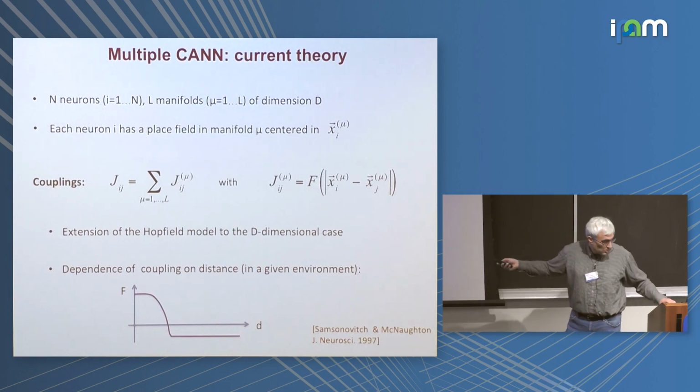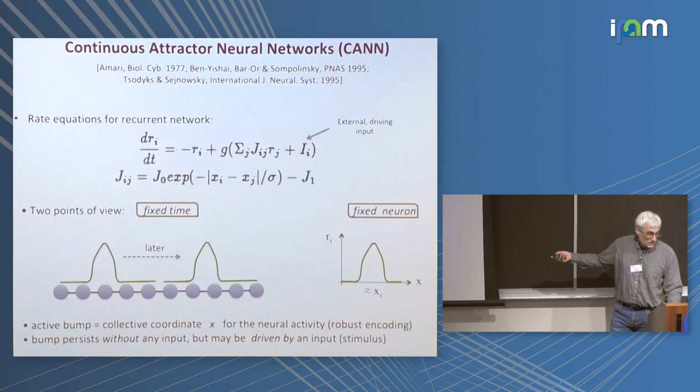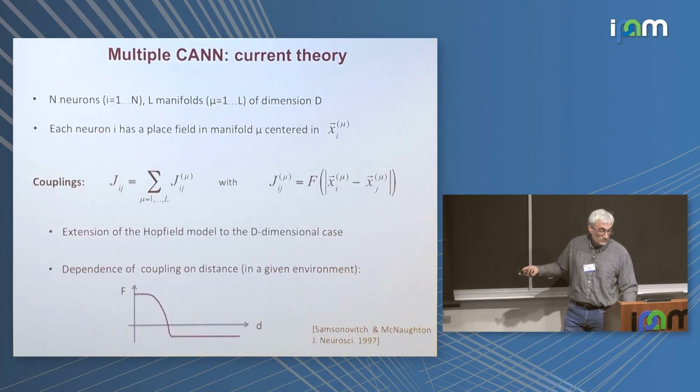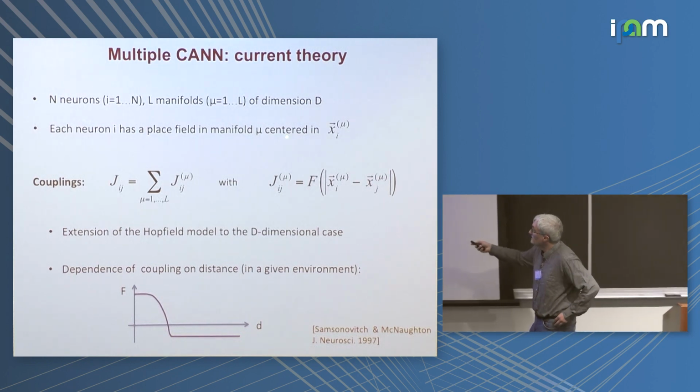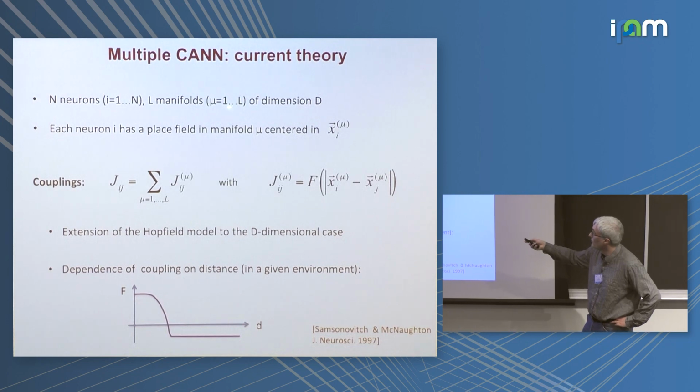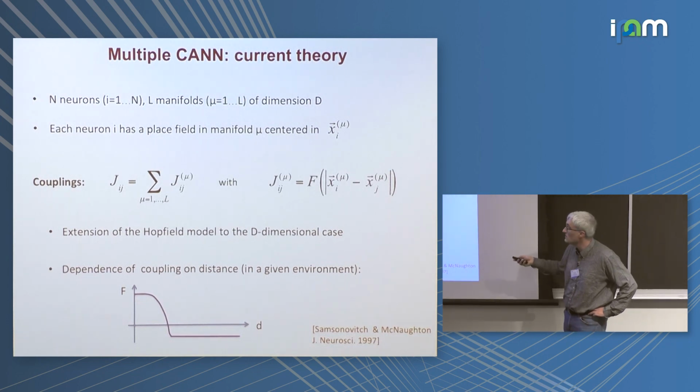Take the model I just showed with the Tsodyks-Sejnowski equations and pile many models of this kind onto each other, as you would do in the Hopfield model. So if you have N neurons and L manifolds, mu will be the index of a manifold, each one of dimension d.